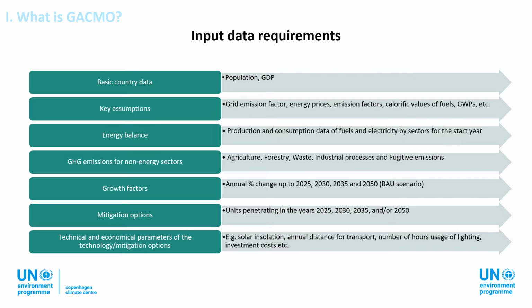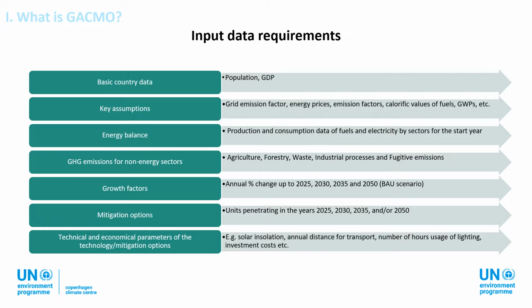To develop the GACMO tool for a country, city, or a region, the user has to insert input data. First of all, basic country data, such as population and GDP. Key assumptions, such as grid emission factor, energy prices, emission factors, calorific values, etc. One of the important sets of input data is the energy balance table.